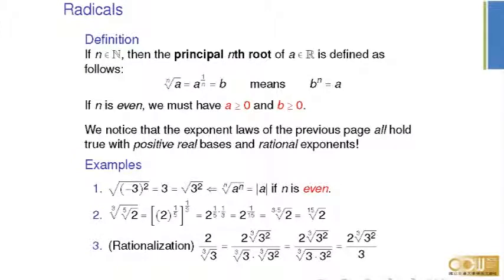Here is what we do. We multiply the cube root of 3 squared upstairs and downstairs, so we keep the same equality.